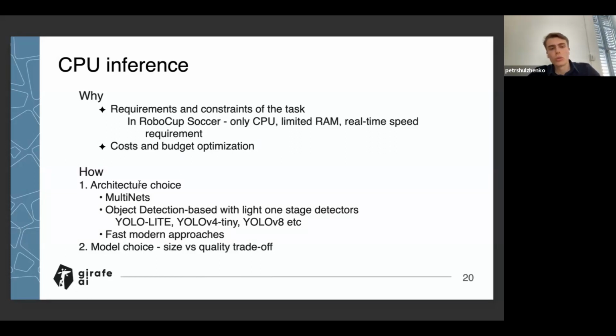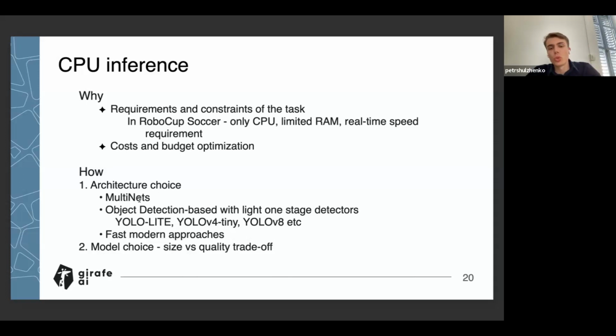Now let's talk about how to do it. First of all, you should wisely choose your architecture. Here, from my experience, I would propose some MobileNet or object detection based models, which are based on some light one-stage detectors, or we can try to find some modern fast approach.